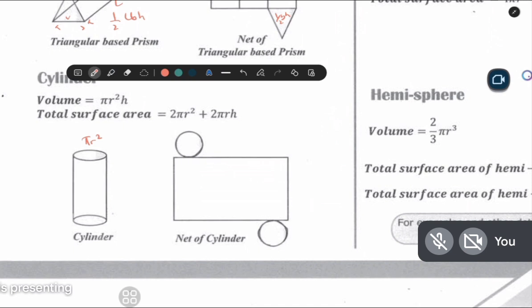And then you have the top to bottom dimension, which is height. So when you're taking out the volume, you have pi r square multiplied by h.